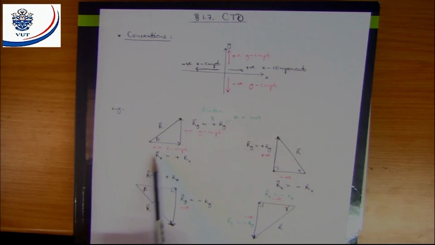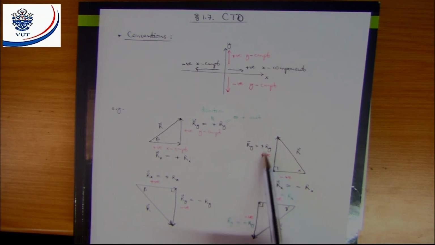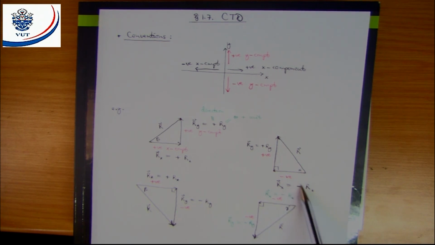Similarly, we have plus rx for the x component for this vector, and the other three cases are where you have plus ry for the y, but you have minus rx for the x component. So the minus tells us that we have a negative x component which is towards the negative x-axis. That's the sign, which is the direction, and then the magnitude is just the vector without the arrow, just the symbol without the arrow. So that's how we get rx over here.